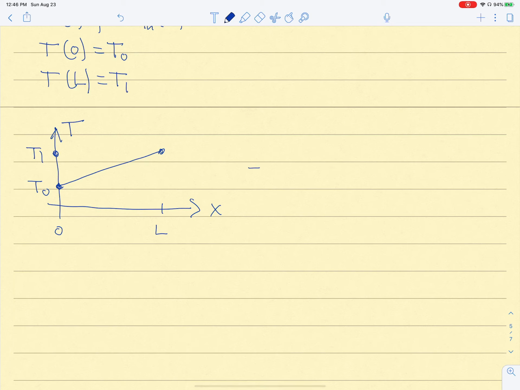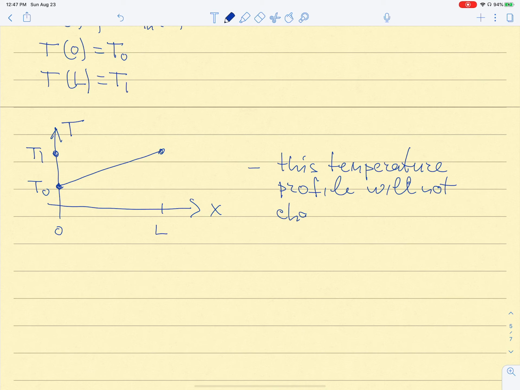Then it doesn't take too much time to realize that this temperature profile will not change in time, for the simple reason that heat is just going to flow from the hotter endpoint here to the colder endpoint, but otherwise temperature is not going to change at any point in the bar.